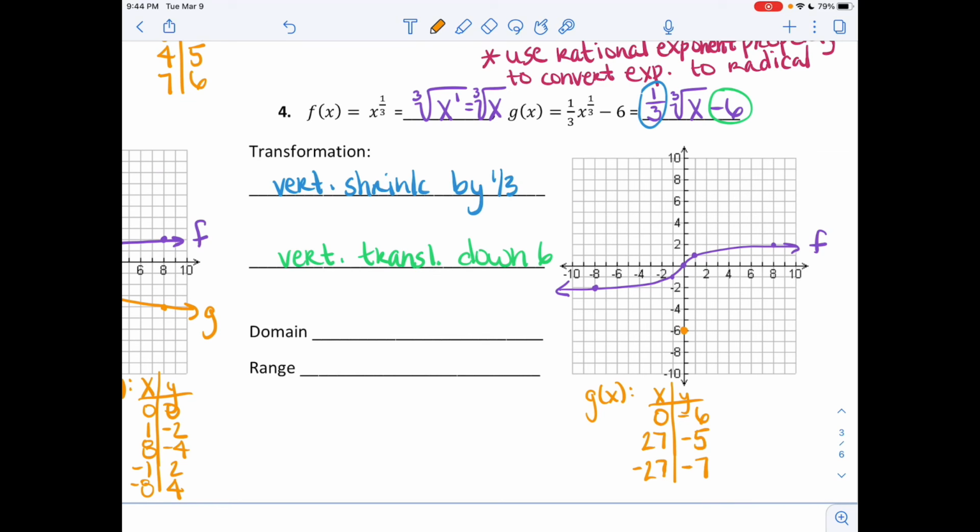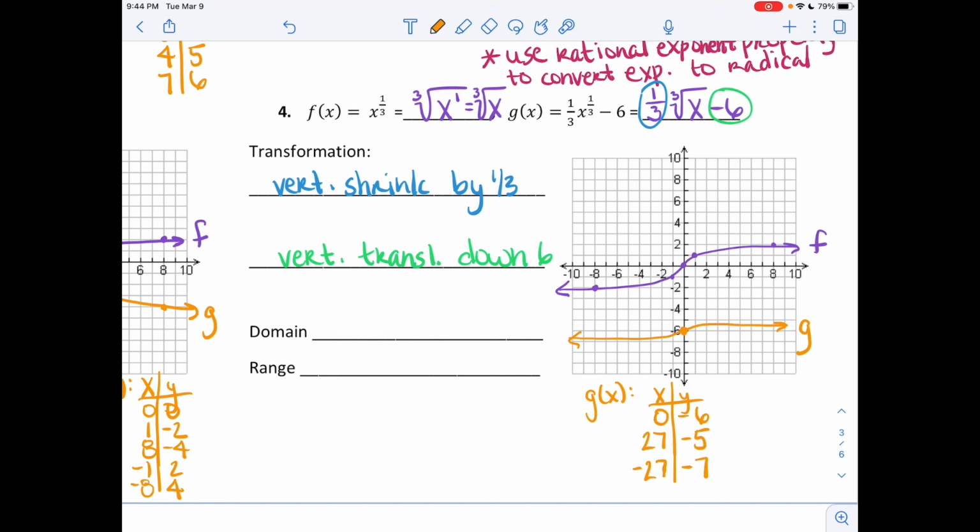We know for sure that this point, -6, is here, and that we need to draw this super, super flat. So flatter than this is, but again, that's going to be kind of hard to show on a graph, but we can just kind of barely change above and below that 6 and call that good and say that that's g.